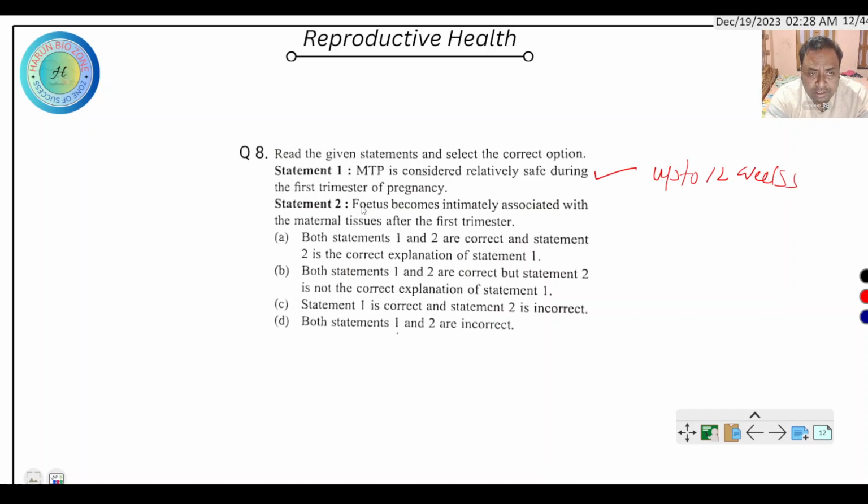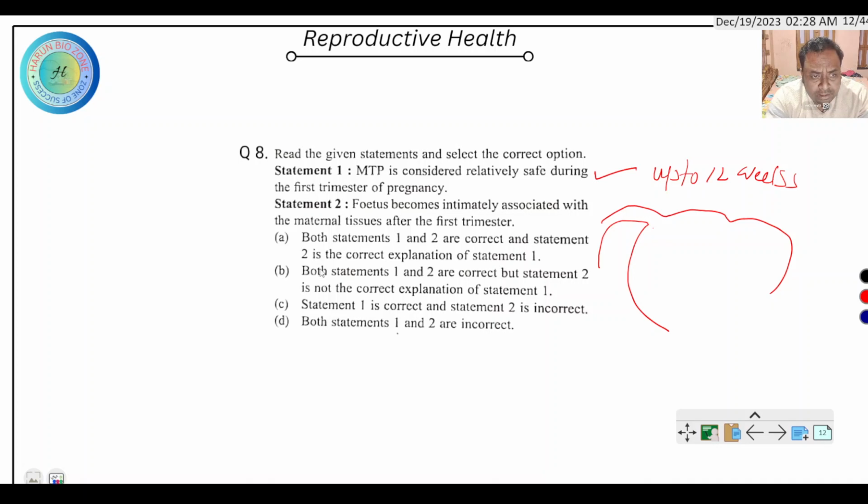Statement 2: the fetus becomes intimately associated with the maternal tissue after the first trimester. Maternal tissue means the endometrium wall, and this is the fallopian tube.